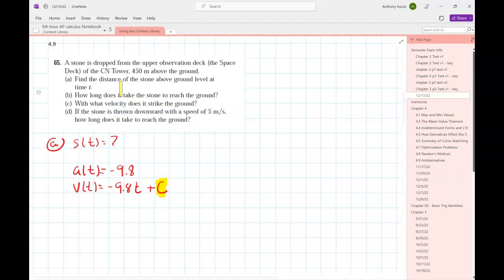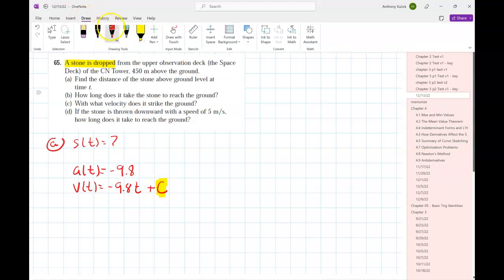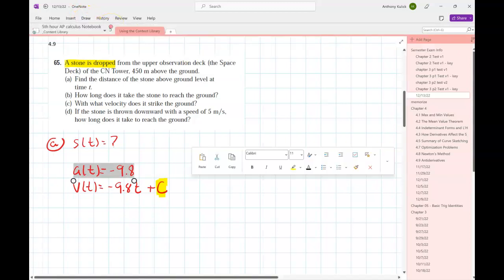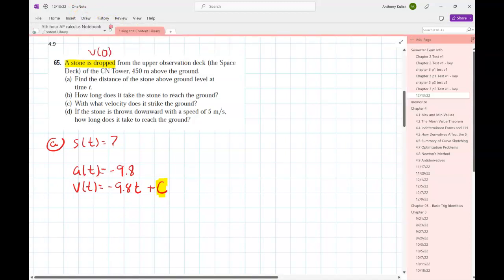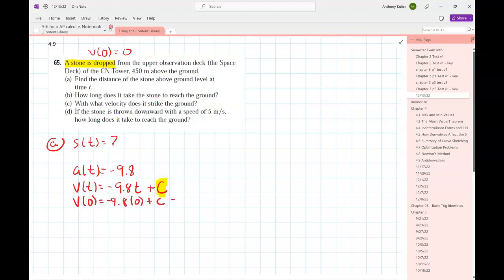And the key here is that the stone is being dropped. So what does that mean? It means the velocity at time 0 is 0. That just tells me c is 0. So v of t is negative 9.8 t.